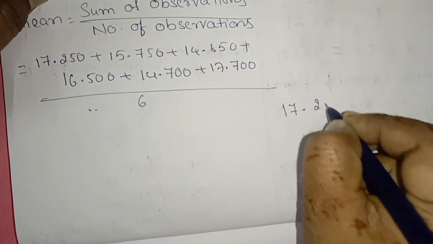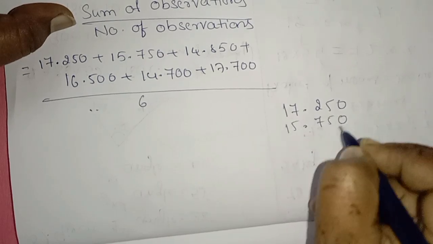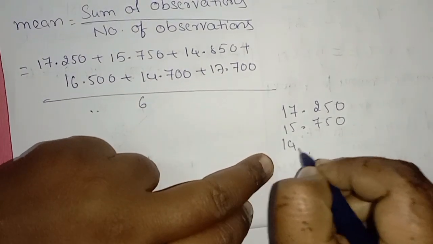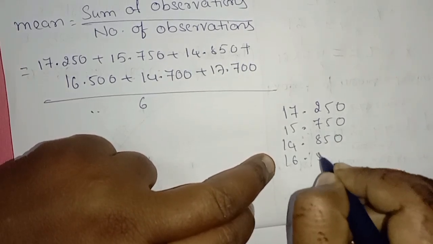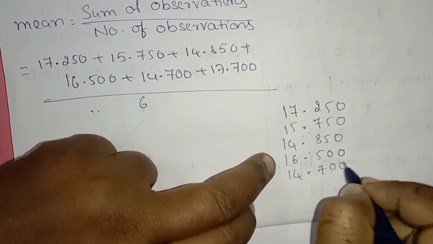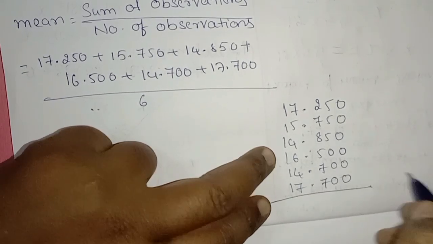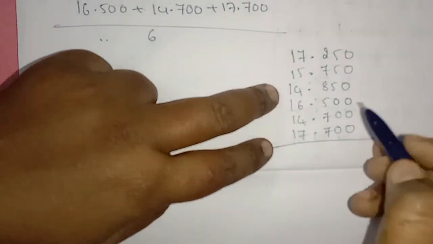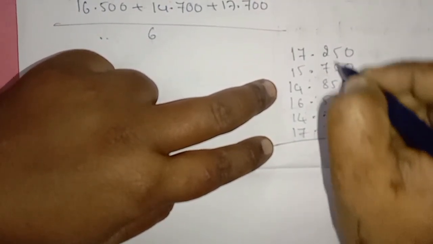So like this you have to write 17.250, 15.750, 14.850, 16.500, 14.700, 17.700. Right? These decimal points should match. 0, 5, 5, 5, 15.